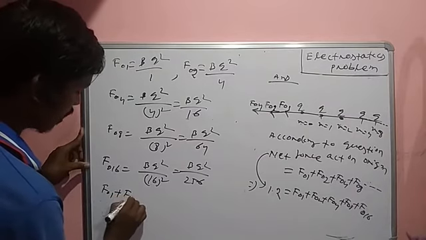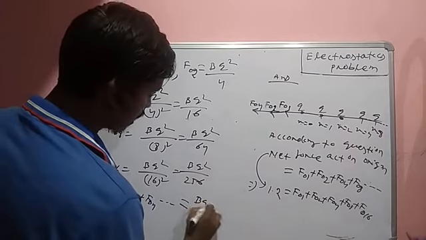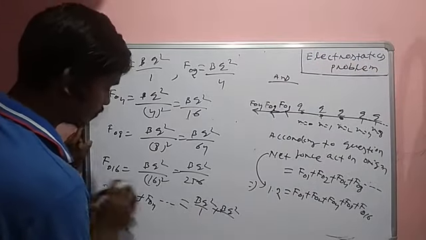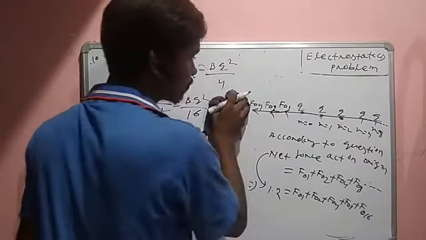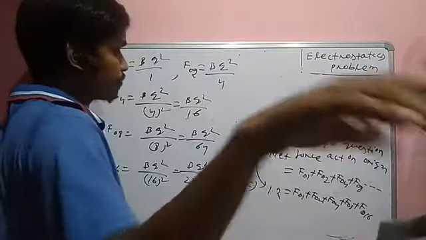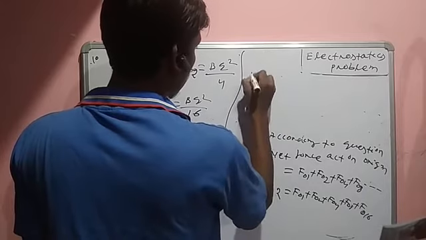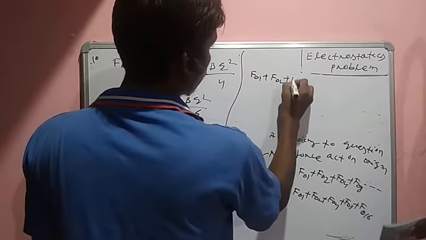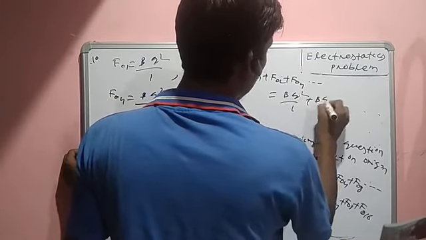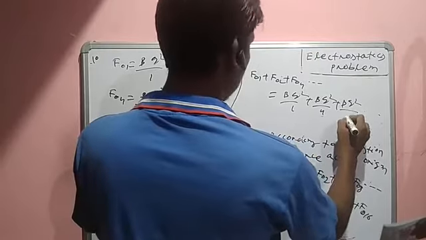So finally we can find out F01 plus F02 plus F04 and so on, that is k q squared by 1 plus k q squared by 4 plus k q squared by 16.